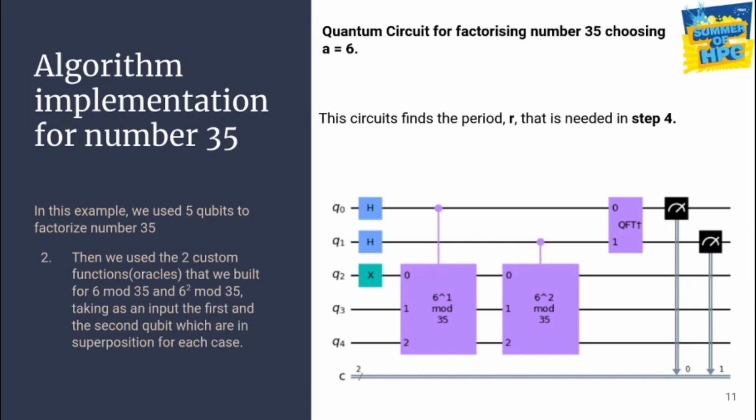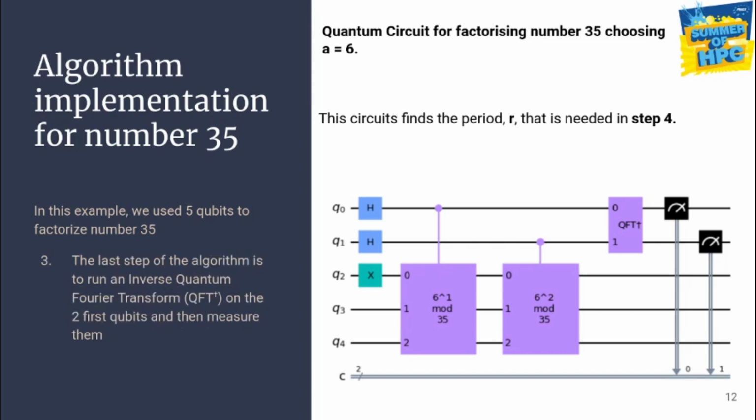Then we used the two custom functions, the oracle that we built for 6 modulo 35 and 6 to the power of 2 modulo 35, taking as an input the first and the second qubit, which are in superposition state for each case.